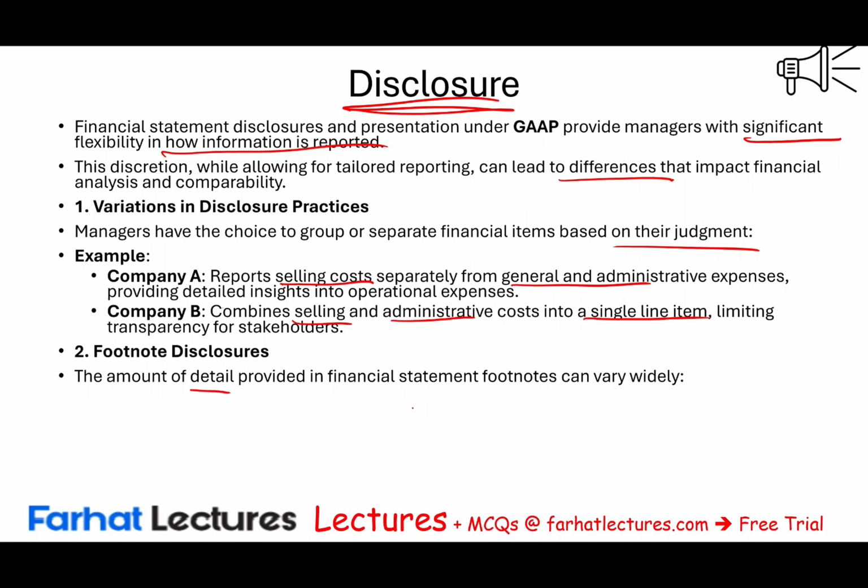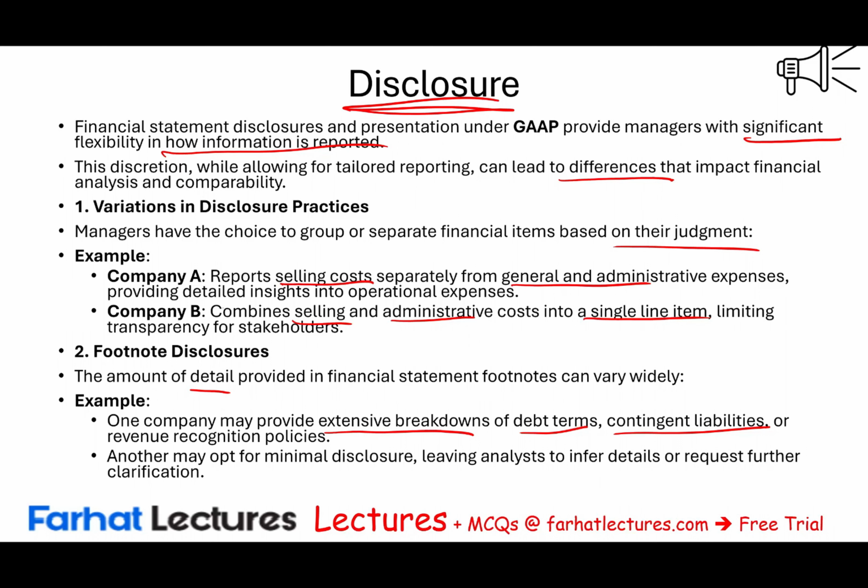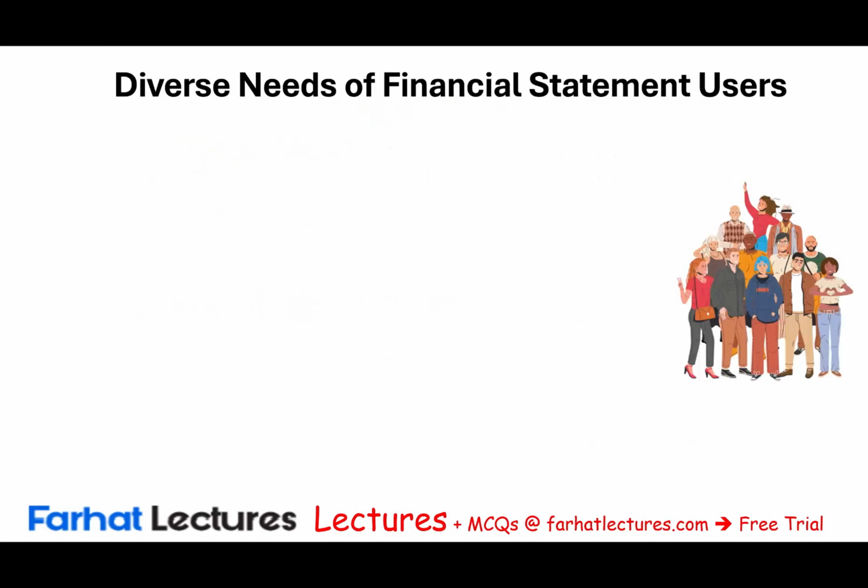The amount of detail provided in the financial statement can vary. For example, one company might provide an extensive breakdown of debt terms, contingent liabilities, or revenue recognition policies. Another company might opt for minimal, just to meet the minimal requirement, and leave analysts to infer details or request further classification. That's going to impact your decision when you're analyzing revenue and income.